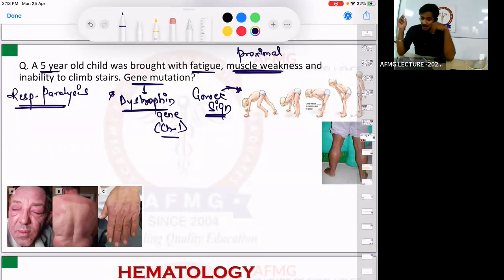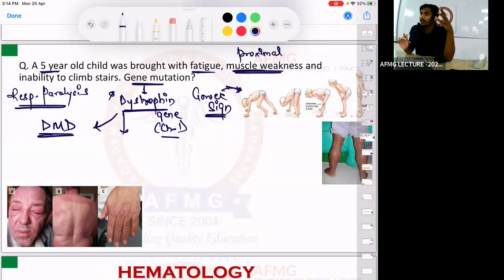Remember, the severe version of dystrophin gene mutation, when the child presents early, around 5 to 6 years of age, with proximal muscle weakness, inability to walk, and respiratory paralysis, is called Duchenne's muscular dystrophy. But this was not in the options last time, and most of you got confused.